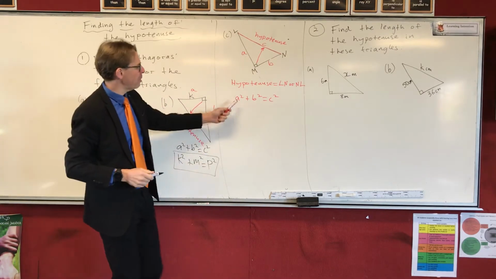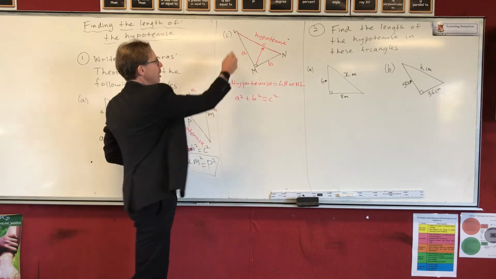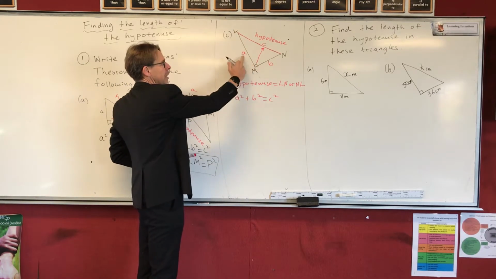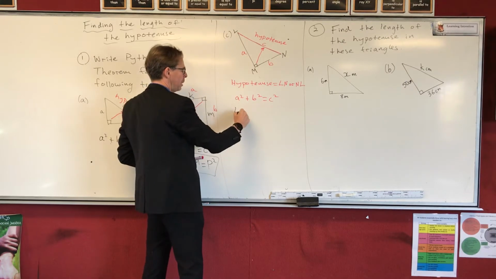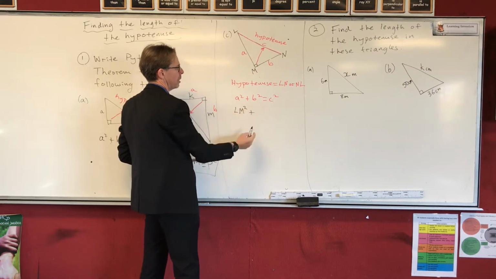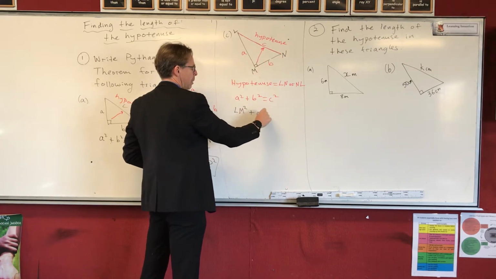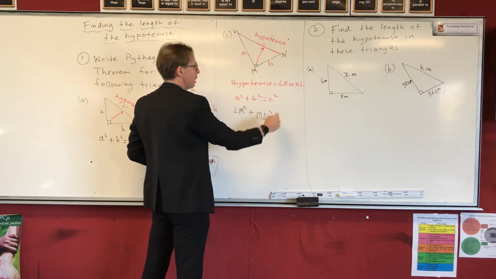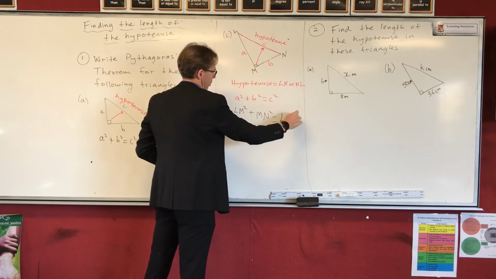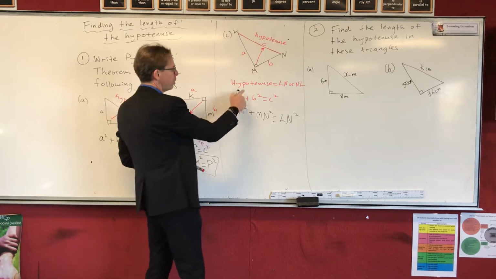But I've got to replace a, b and c with the letters L, M and N. Now, side A is LM. So here I'm going to put LM squared. Side B is MN. So that's MN squared. And side C is the hypotenuse. That's LN squared. Now you could, of course, put the letters in a different order.